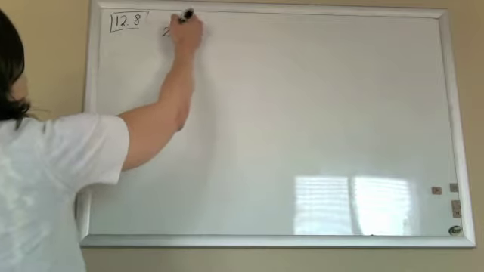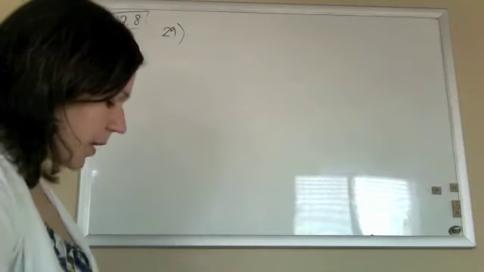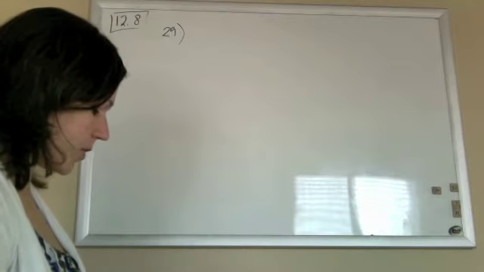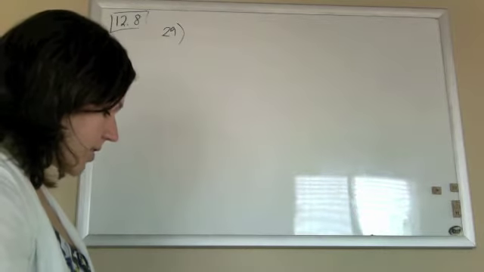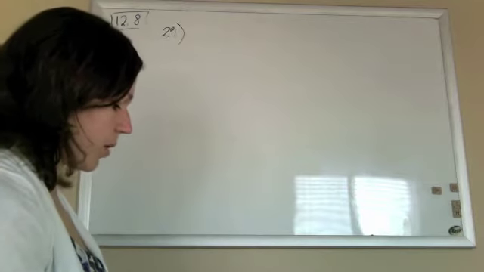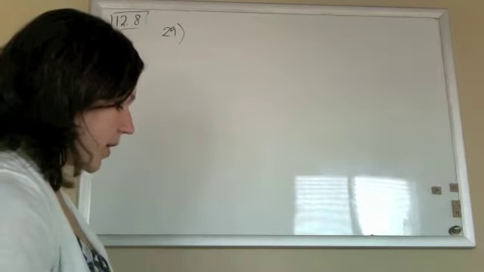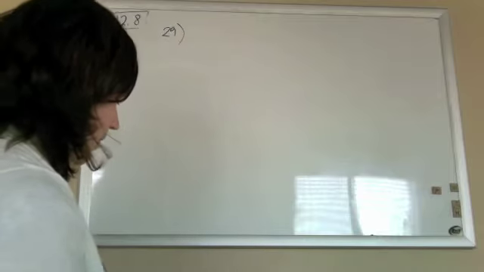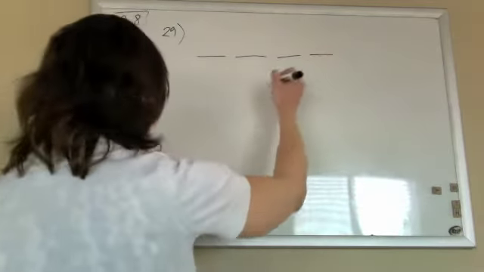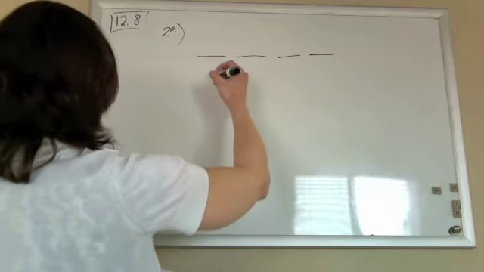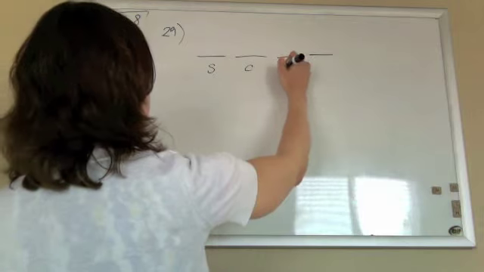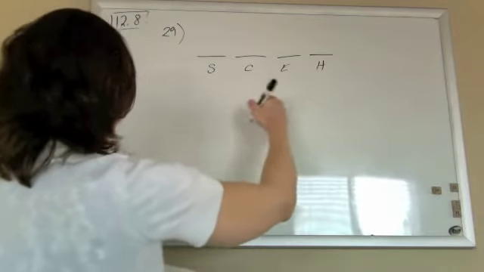So 29. She plans to enroll in 4 classes: sociology, chemistry, economics, and humanities. There are 7 sociology classes, 4 chemistry classes, 3 econ, and so on. How many different ways can he select his 4 classes? So he has 4 classes he wants to choose: sociology, chemistry, econ, and humanities.